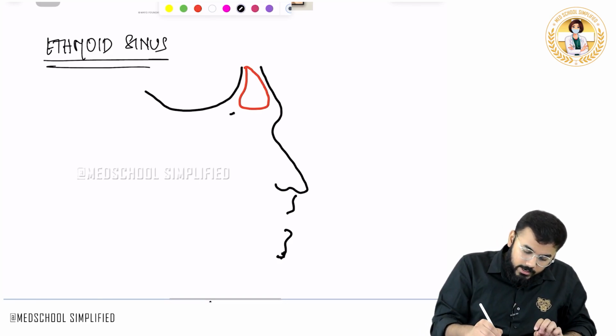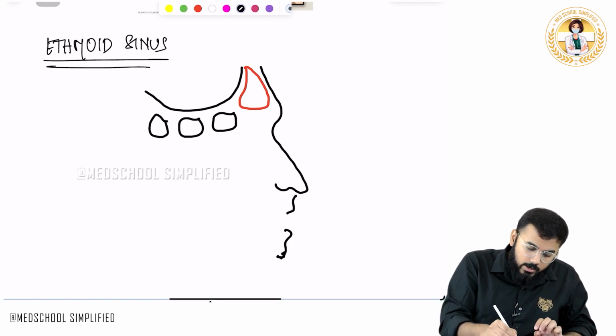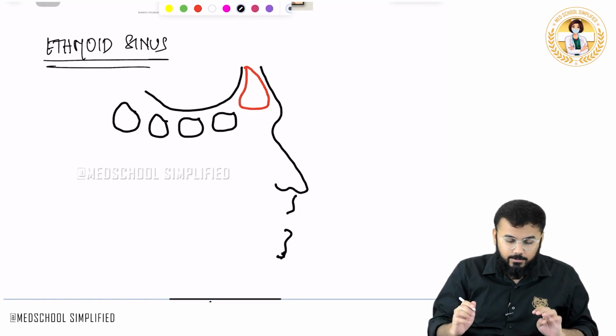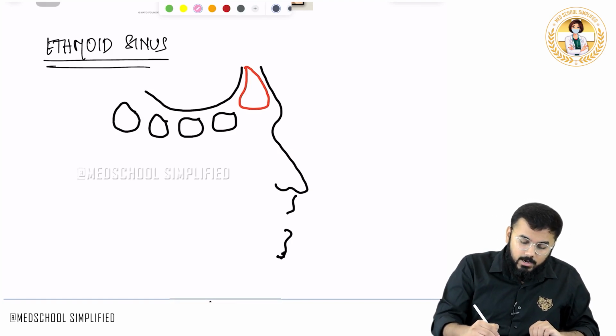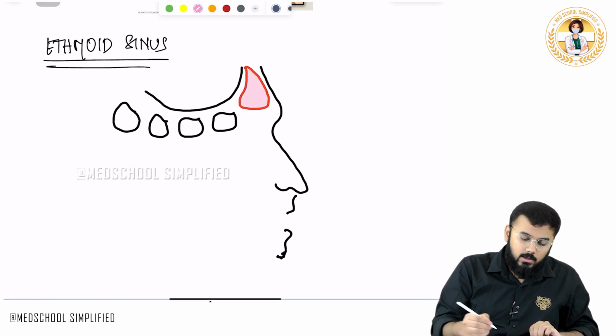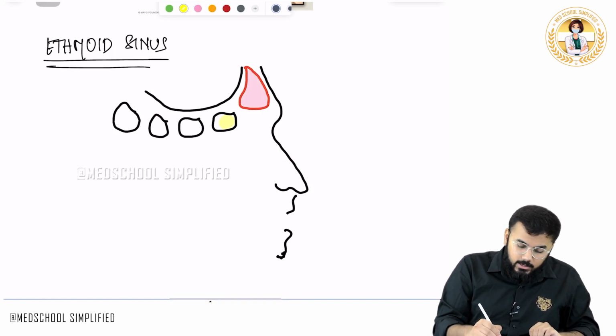Behind that, you have the ethmoid sinus. This particular sinus over here is your frontal sinus. After the frontal sinus, this is ethmoid, and ethmoid.